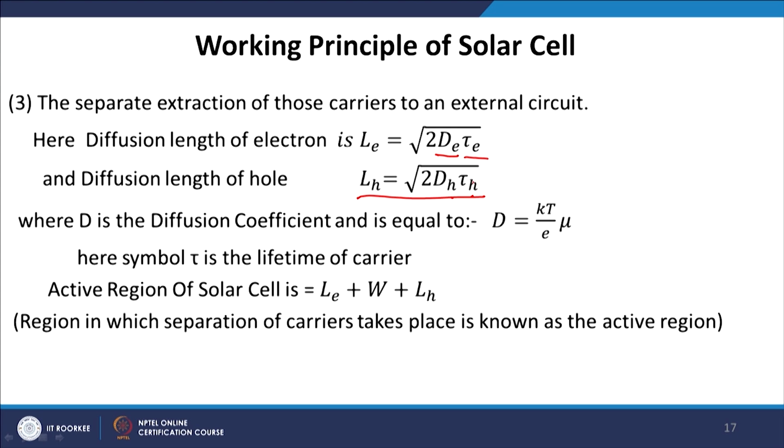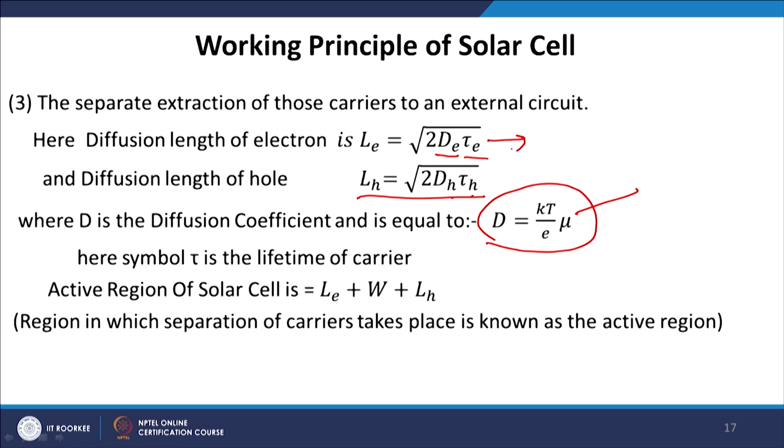Now, the values of Le and Lh are different. D is the diffusion coefficient, given by D equals kT by e times mu, where mu is the mobility of the charge carrier, and tau is the lifetime of the charge carrier.